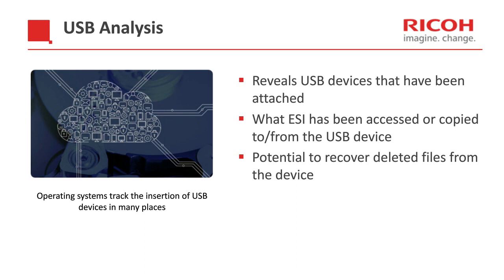And not all USB devices have a unique electronic serial number. That varies by manufacturer. You may end up getting a generic one, so you'll realize that during analysis. It'll track the make and model. It'll track how many times it's been installed. It will also track information, what's been accessed or copied to or from the USB device.